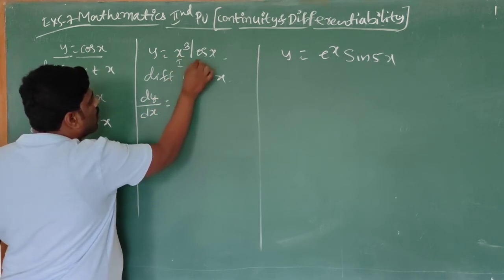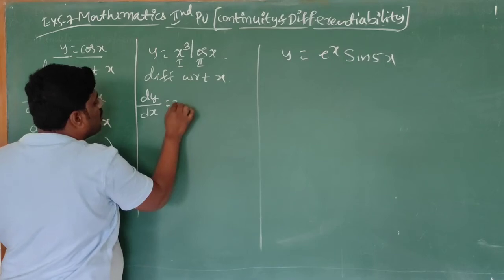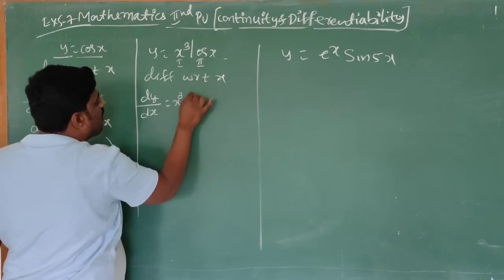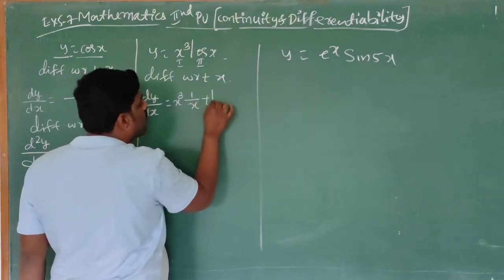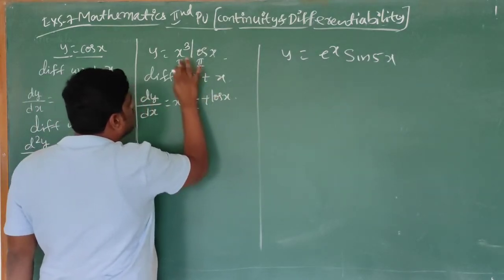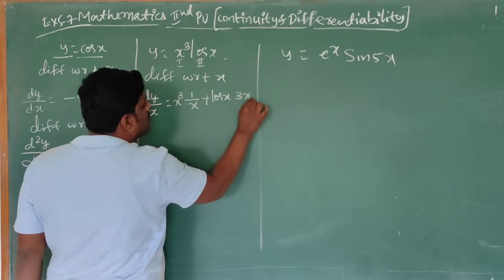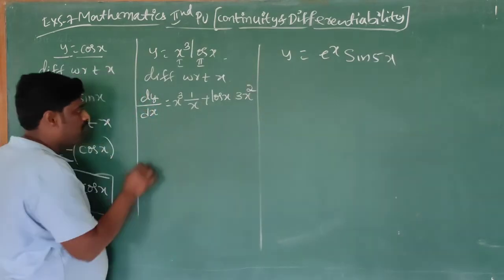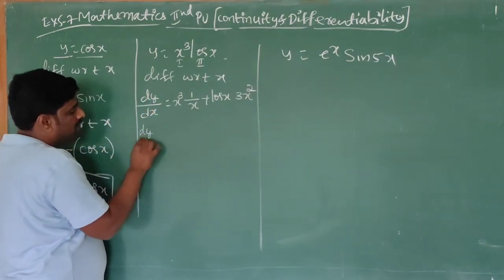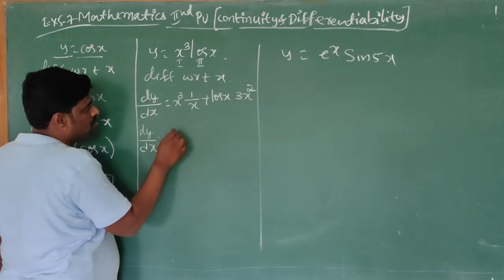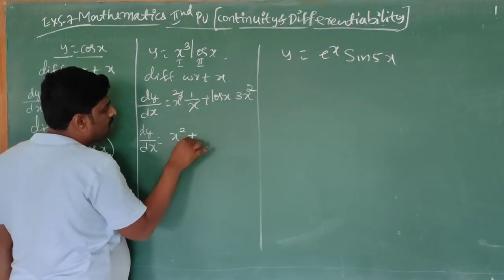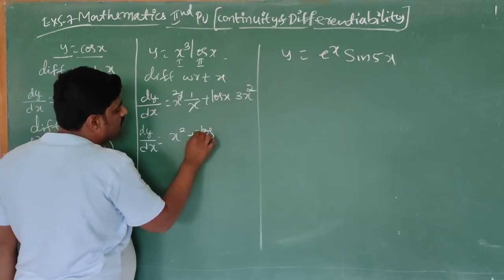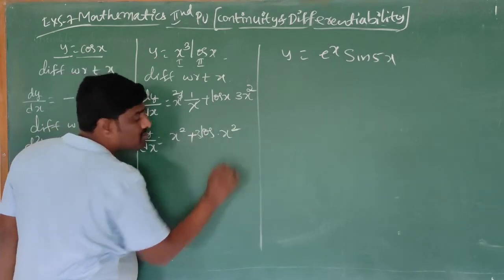So we have to apply the product rule. x cube as it is, log x differentiation is 1 by x, plus log x as it is, x cube differentiation is 3x square. So dy by dx is equal to x cancel, x square plus 3 log x into x square.